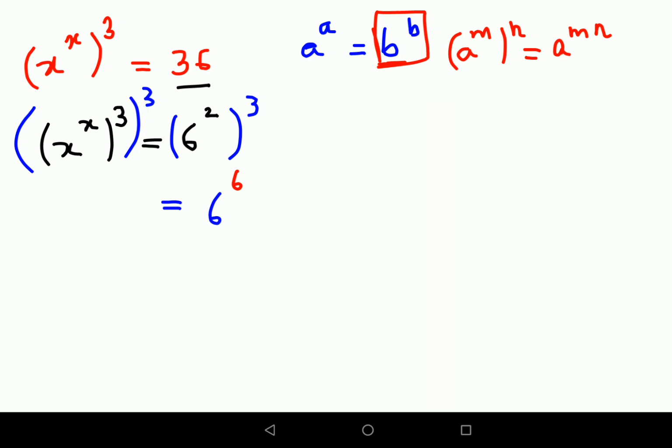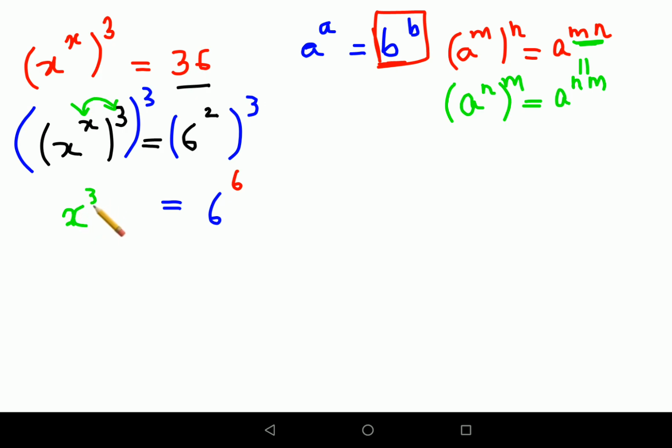Now please understand, multiplication is always commutative. So I can also write this as a raised to n, the whole raised to m. That will also get you a raised to n into m, which is eventually equal to a raised to m into n. Why am I doing that? Here I can interchange the places of x and 3.